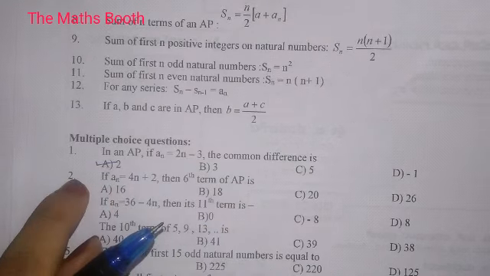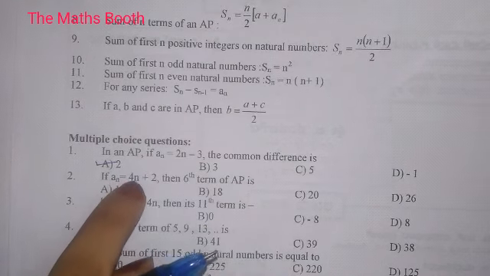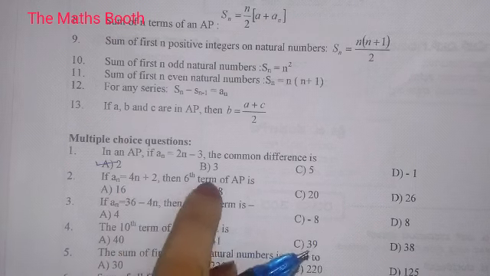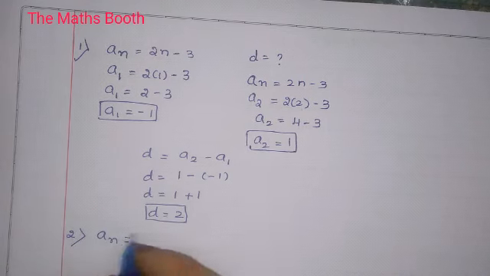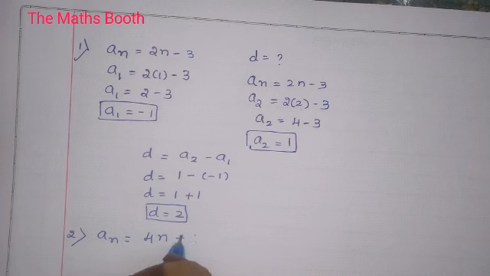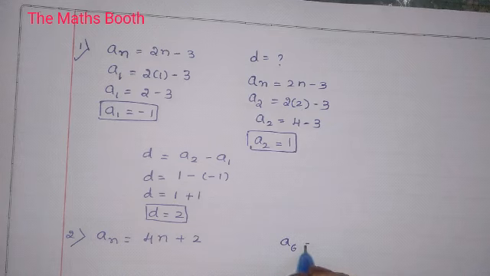Now let us see the second one. If an is equal to 4n plus 2, then the sixth term of the AP is. These are multiple choice questions.